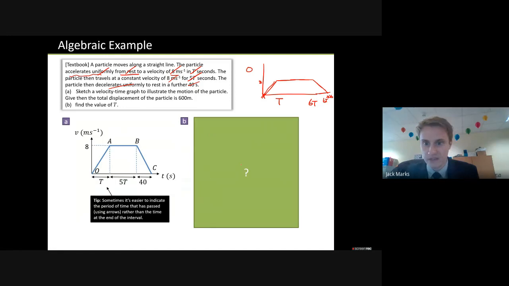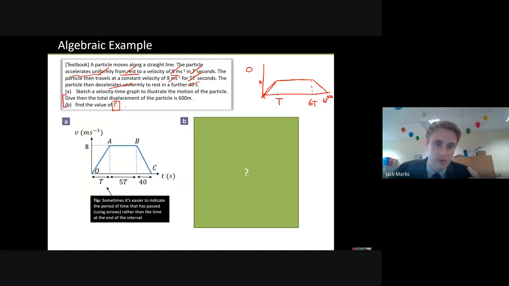Okay, key features. We wanted these values here at the bottom and the 8. That's what they're looking for. Find the value of t. Right. So we don't know what this t value is, but we've got a graph. So maybe we can link it to something else. Just above the question, look, the new information.